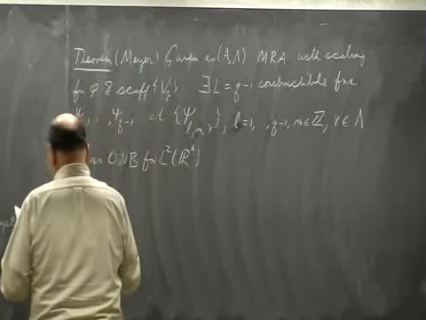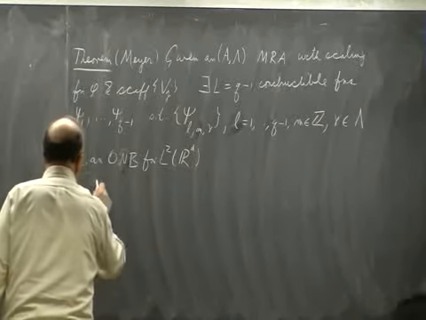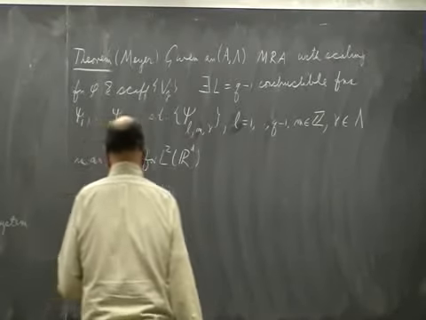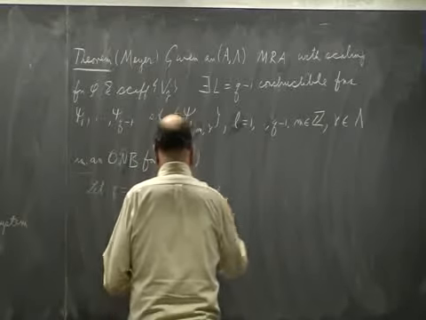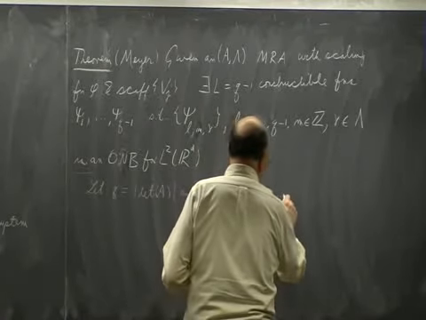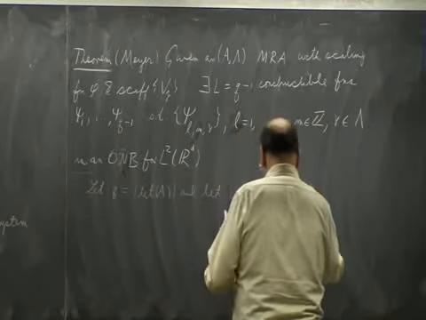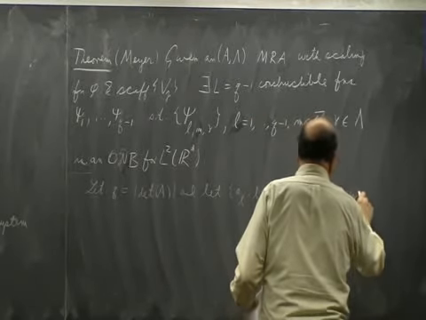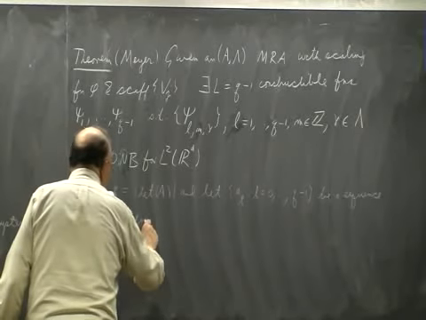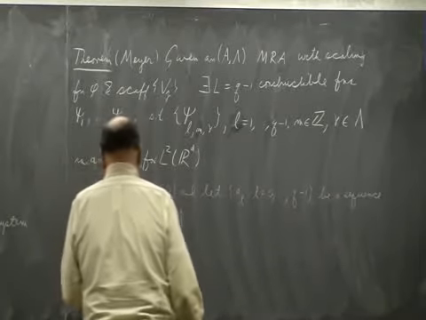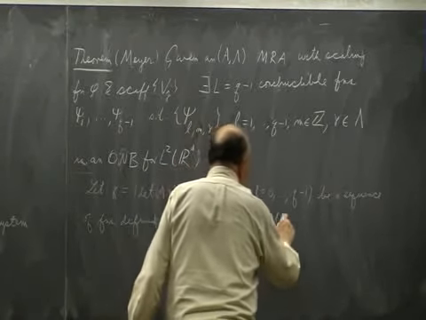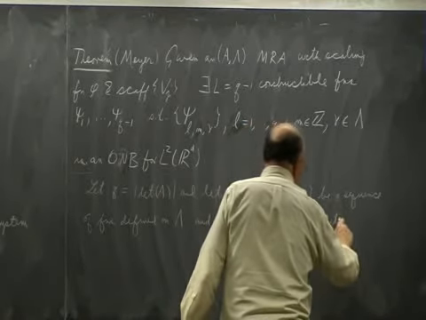So given this and this, let Q equal the determinant of A, which we've been doing all along, and let A_L, where L goes from 0 up to Q minus 1, be a sequence of functions defined on lambda and satisfying the following conditions.